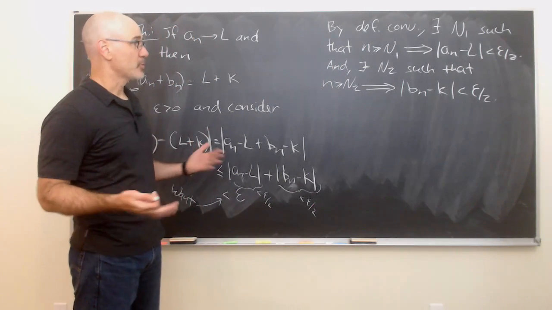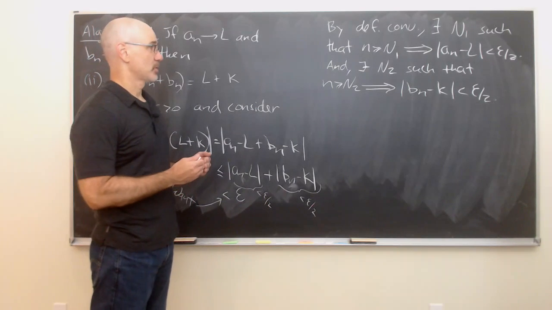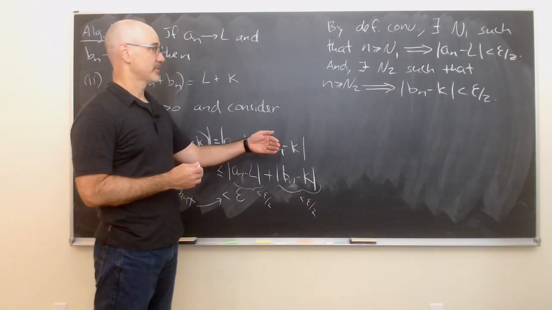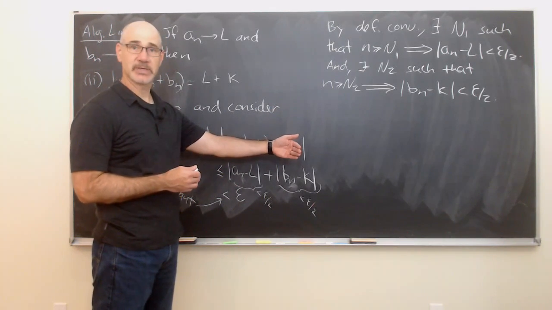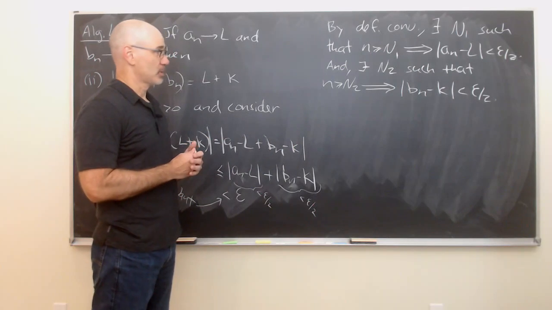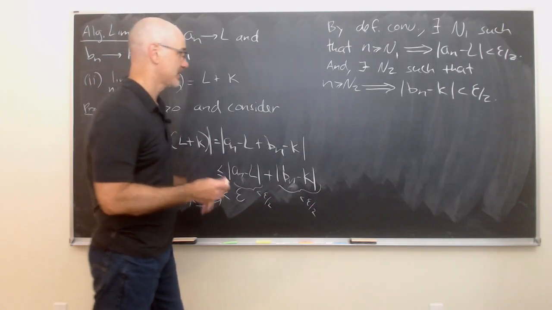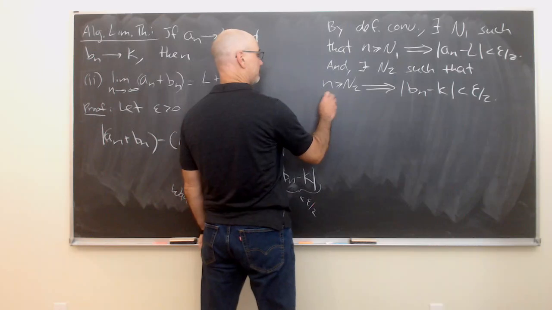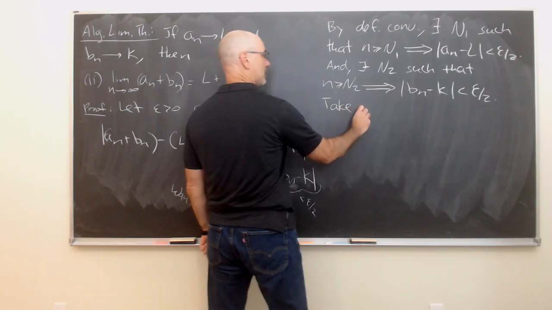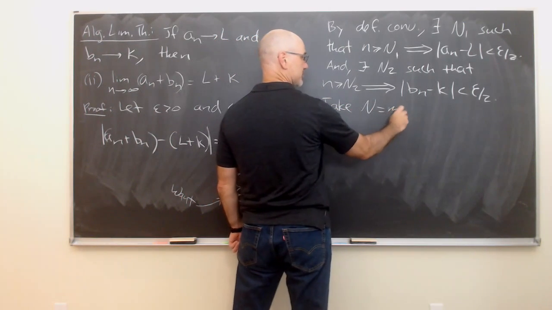And then to make both things happen at once, I have to make sure I go out as far as N1 in the first sequence and as far as N2 in the second sequence. So to make sure I've gone far enough in both, I take my final N to be the larger of the two.